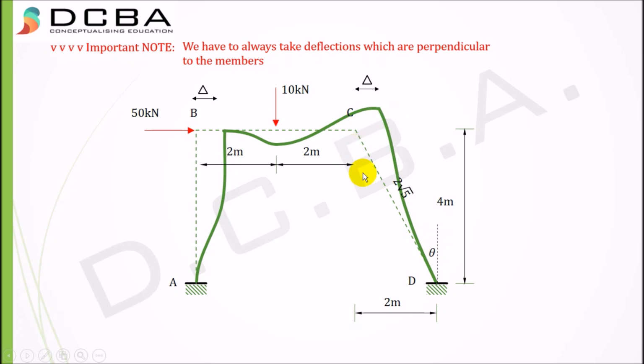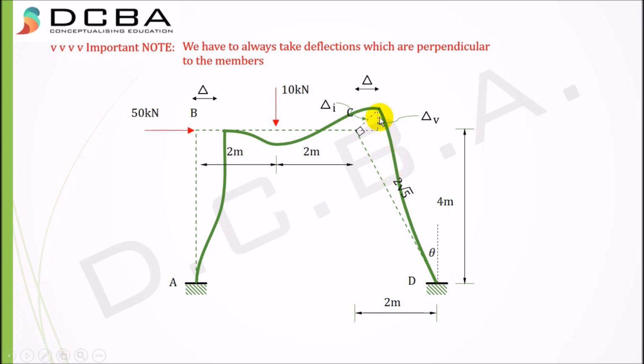So now what we do is that we draw a triangle here, and as you can see it has basically got two components. This is a horizontal component which is our delta, this is a vertical component, and this is the inclined component which is perpendicular to this inclined leg. So this is delta V, that is vertical deflection, and this is delta I, inclined deflection.